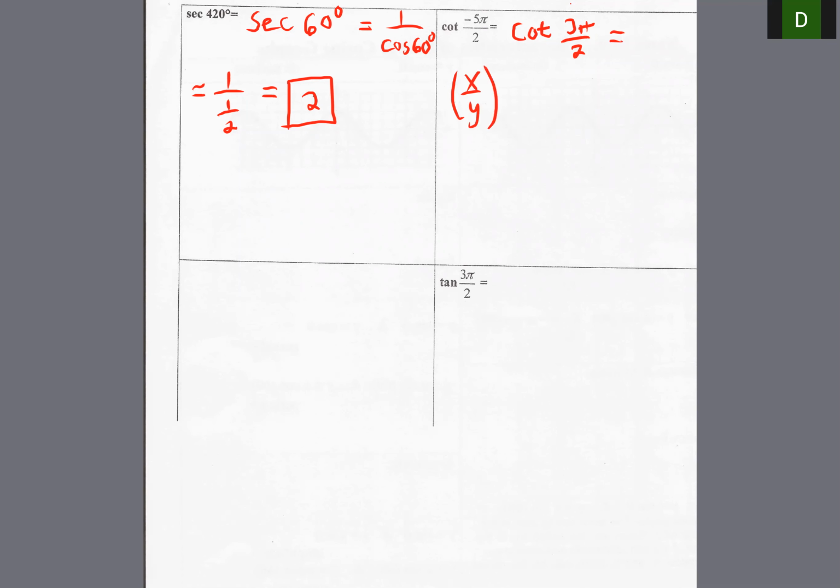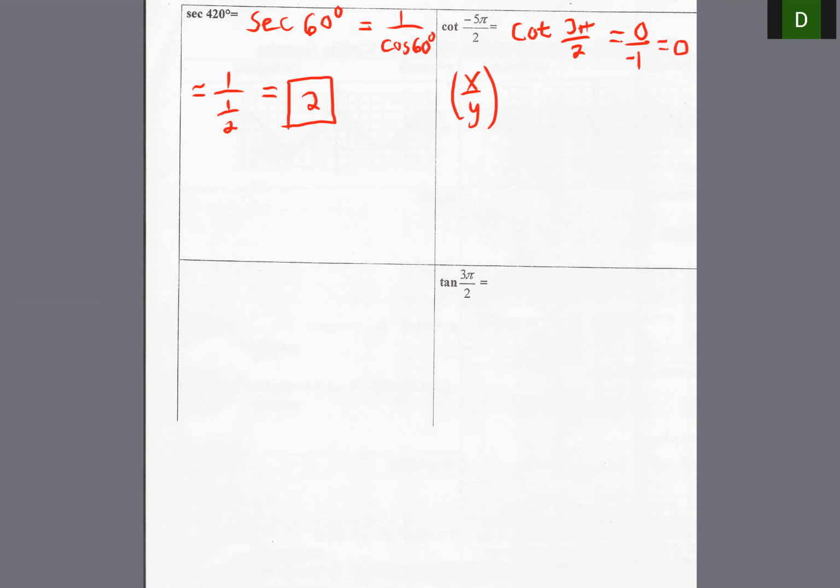You know tangent is y over x, so cotangent must be x over y. So if you look back to 3 pi over 2, you should see that the x coordinate is going to be 0. And then the y coordinate is negative 1. So 0 divided by anything is just 0, and we're done.